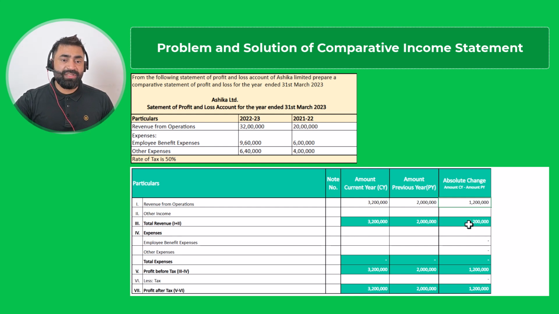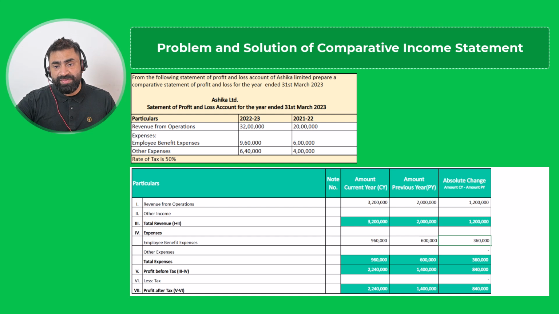Coming to the expenses in this question, I have employee benefit expenses. Let's put the values of employee benefit expenses, which is 9,60,000 in the current year and 6 lakhs in the previous year.